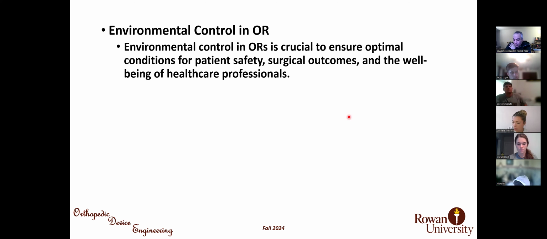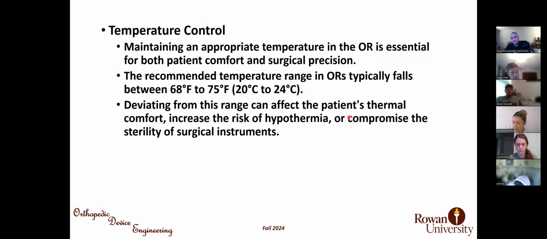So how do we control it? First of all, temperature. Temperature is very important. It must be kept between 68 to 75 degrees Fahrenheit, but this is not the rule. This is the most appropriate one.